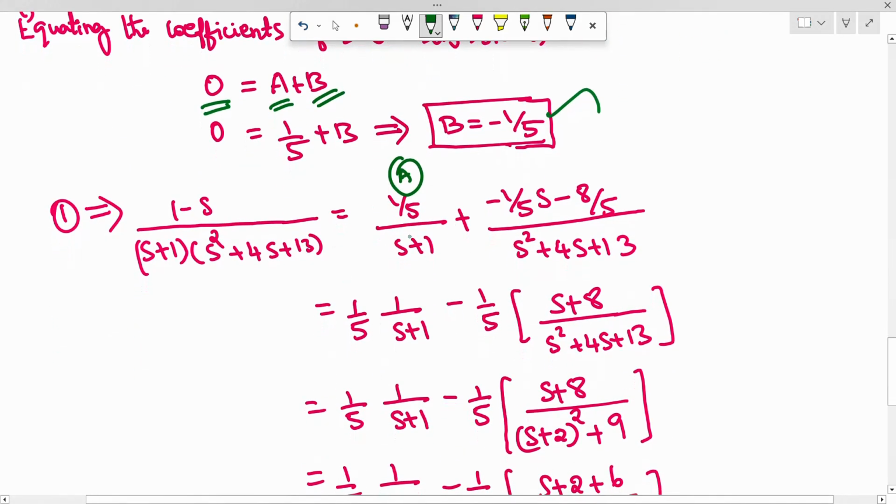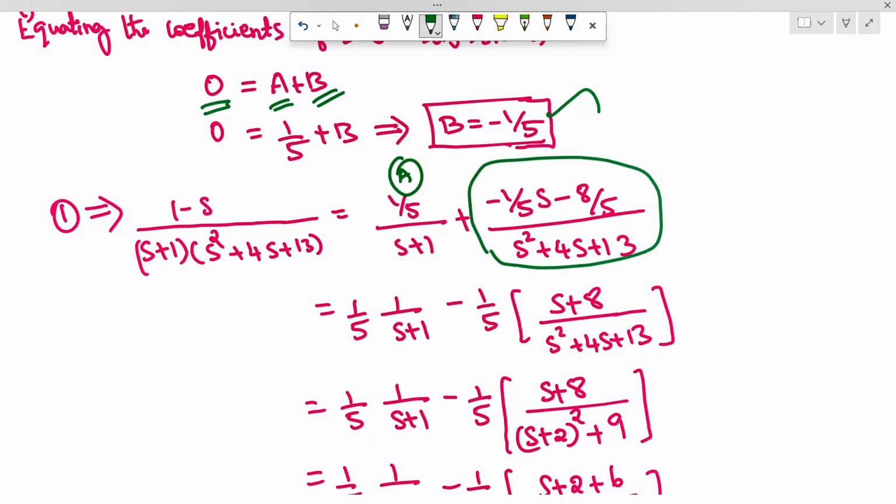Here 1 by 5 is a constant, so we can write 1 by 5 into 1 by s plus 1. From the second term, this denominator is common for both numerator terms, and 1 by 5 is in the two terms, so take it outside as common, minus 1 by 5 into (s plus 8) by (s square plus 4s plus 13).